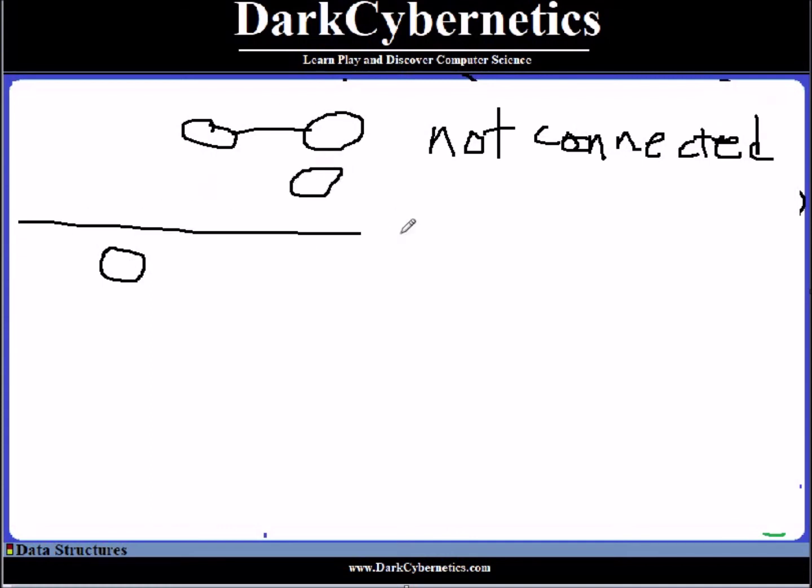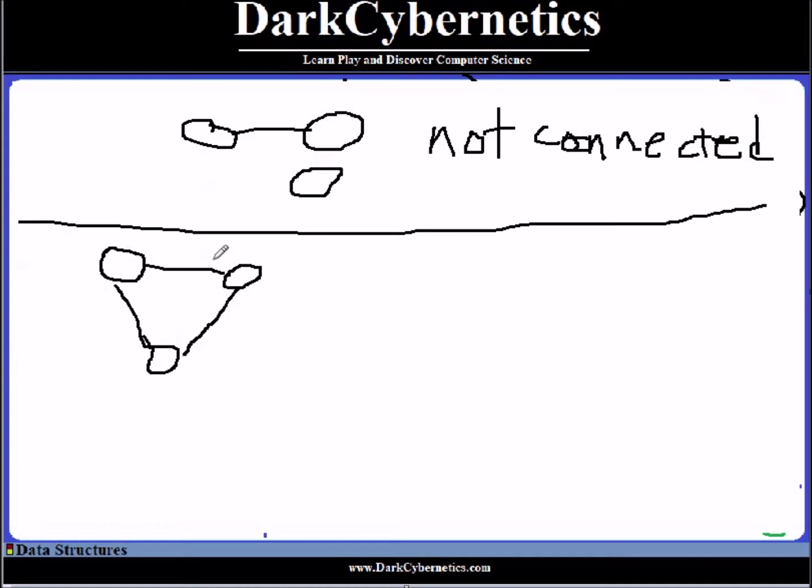Let's draw a line here, and we can also have some type of graph where there was a directed graph, where you go certain directions, and where we had an additional area which was bidirectional.